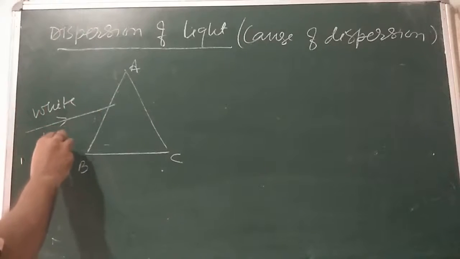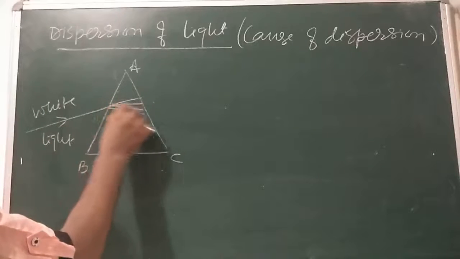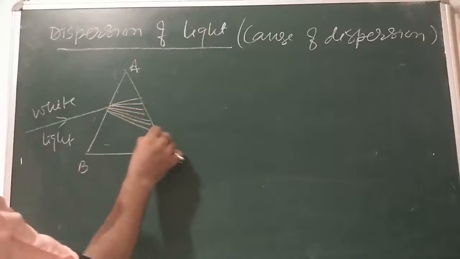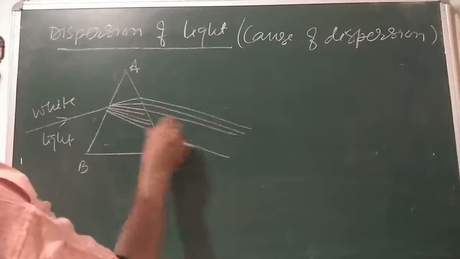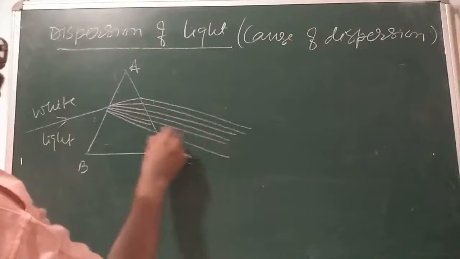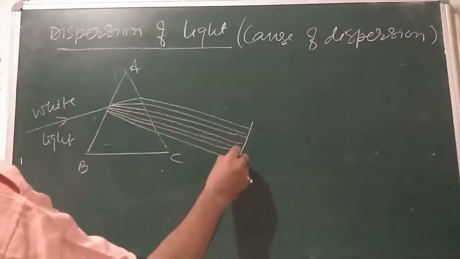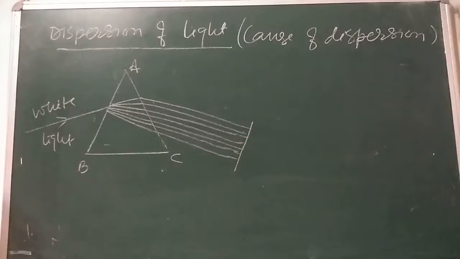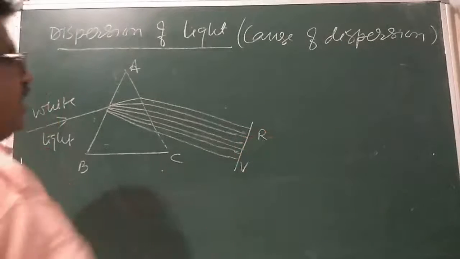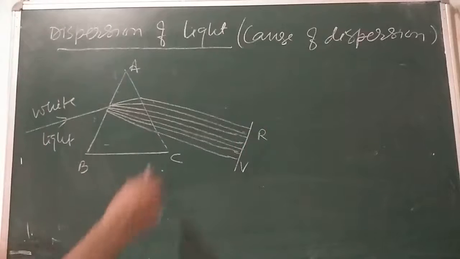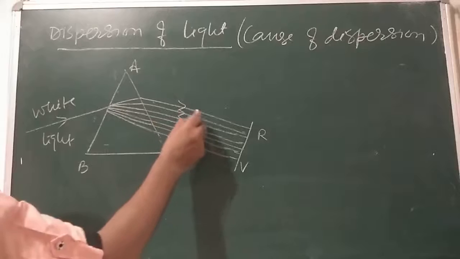Then we are getting here 1, 2, 3, 4, 5, 6 and 7, seven different colors on this screen, and here is the violet and here is the red color. This is called VIBGYOR or visible spectrum.